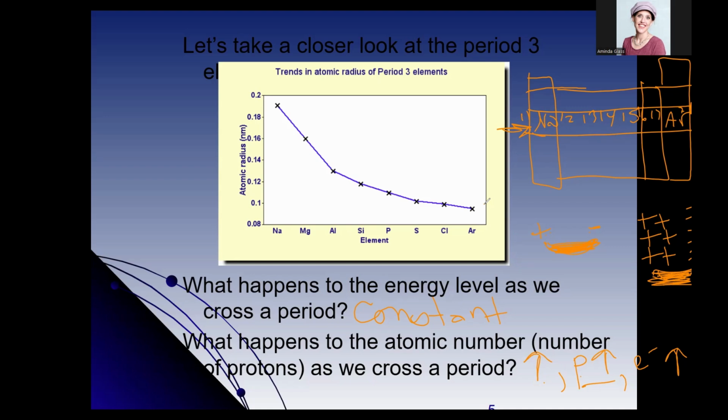So that's why it's a smaller radius as you go across the periodic table, because the attractive force increases, pulling those protons and electrons together. So the electrons are pulled closer to the nucleus and therefore held more tightly. And that's why the radius gets smaller as you go across the periodic table.